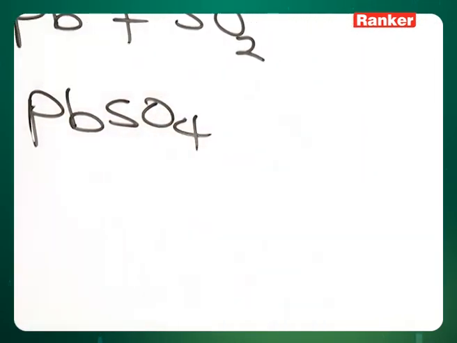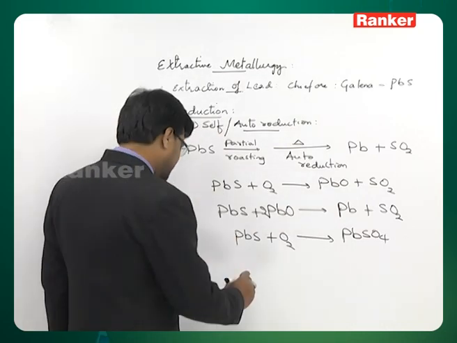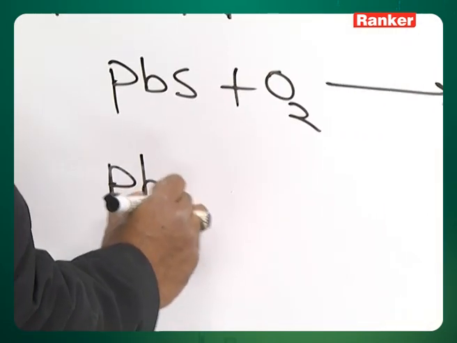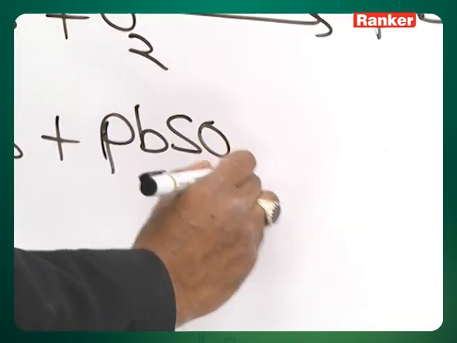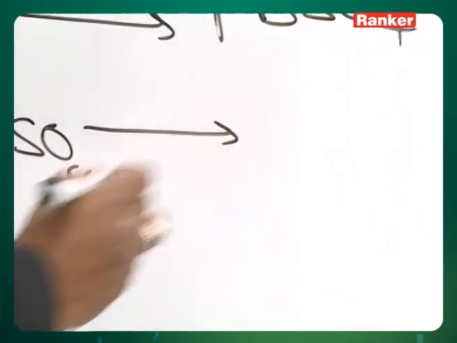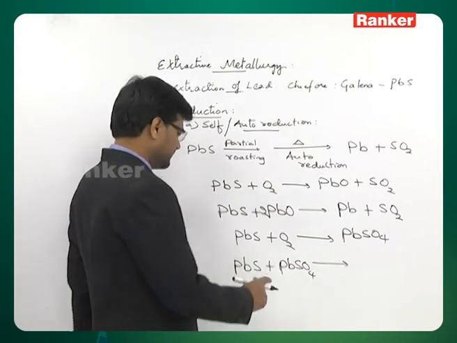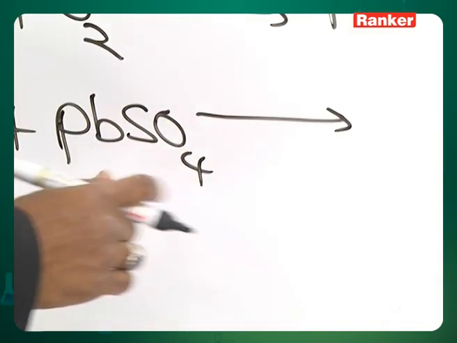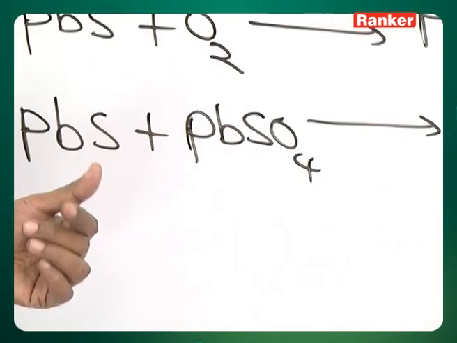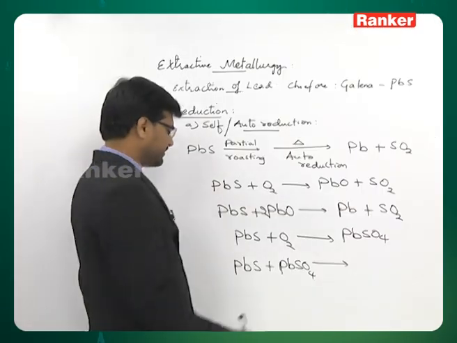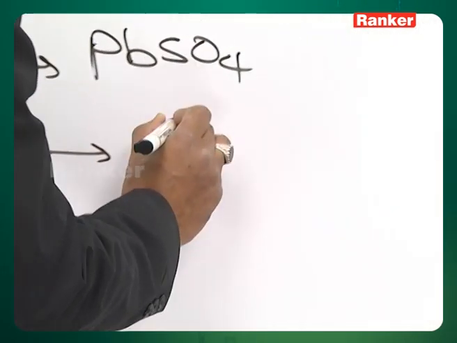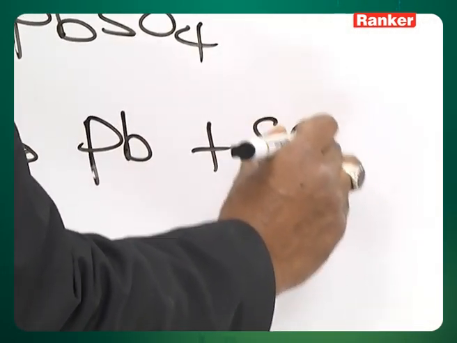This happens during roasting, and then the left out PbS will then undergo what is called comproportionation. With this, sulfur is in the +6 state, here sulfur is in the -2 state. So, a type of comproportionation takes place and you get Pb plus SO2.